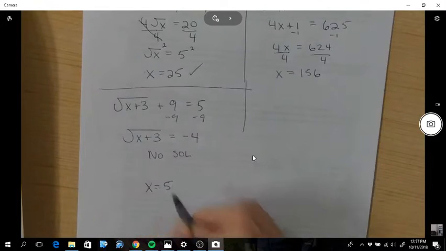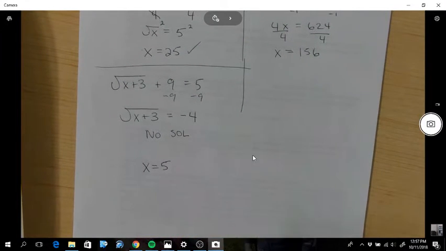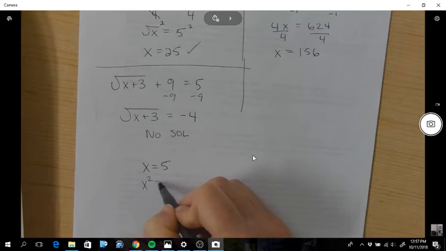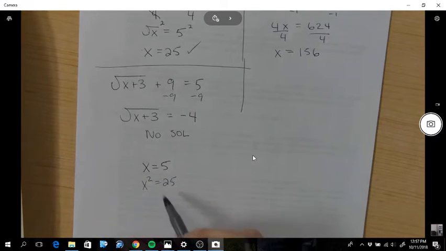If I tell you x equals 5, and then we square both sides, and then I square root it, I could get x could be plus 5 or negative 5.